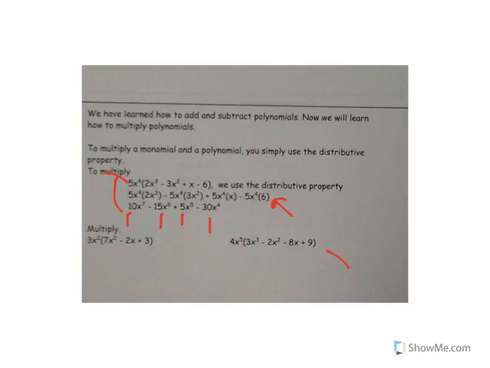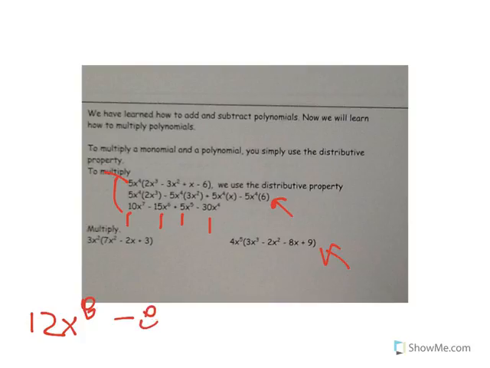So let's look at this example here. This is 4x to the fifth times 3x to the third. That's going to end up being 12x to the eighth, minus 4x to the fifth times 2x to the second.